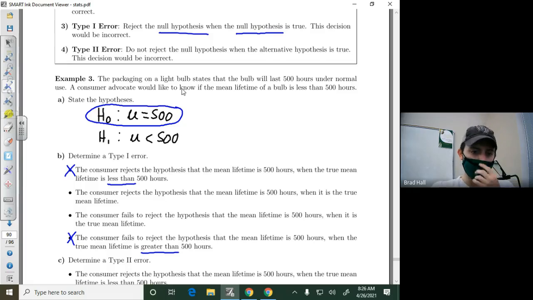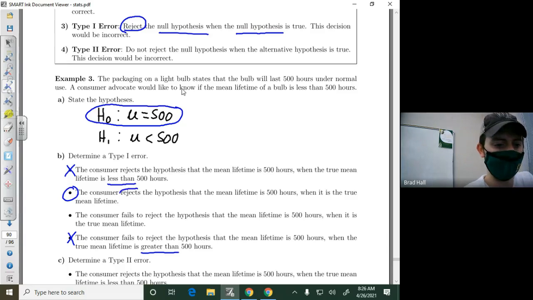Now let's see, the wording changes here between these two leftover options: rejects or fails to reject. Well, what would be fails to reject? Well, look what I just circled. This is reject. So here we will be rejecting.